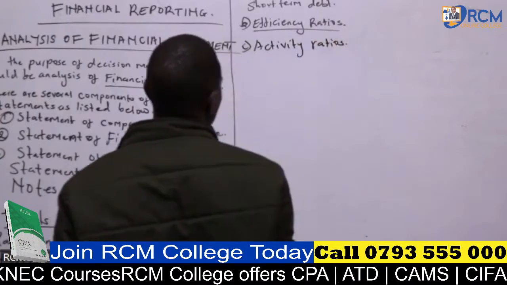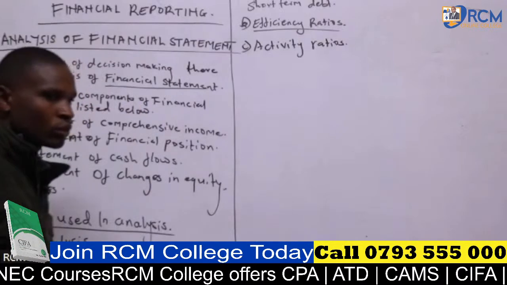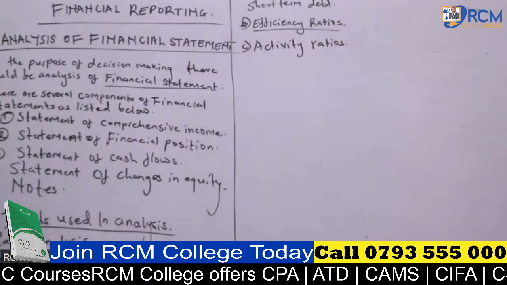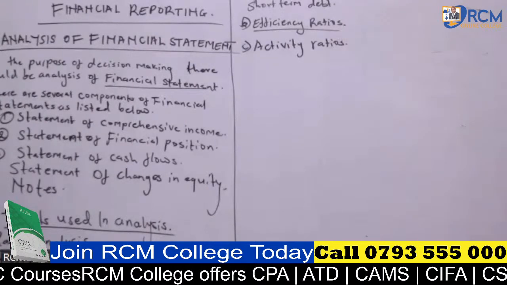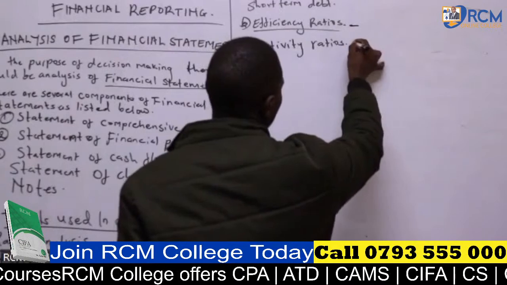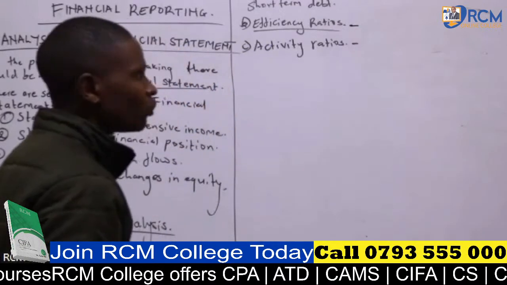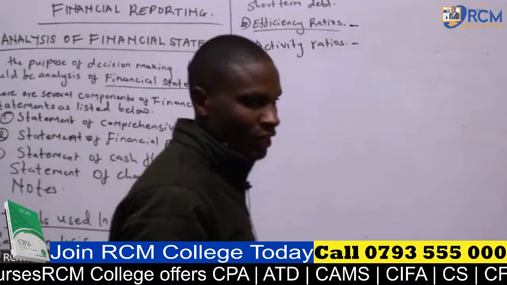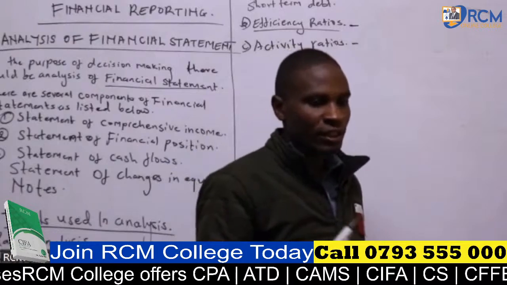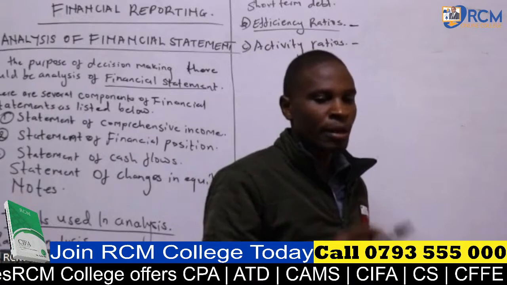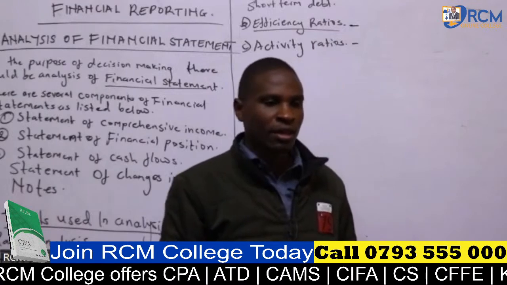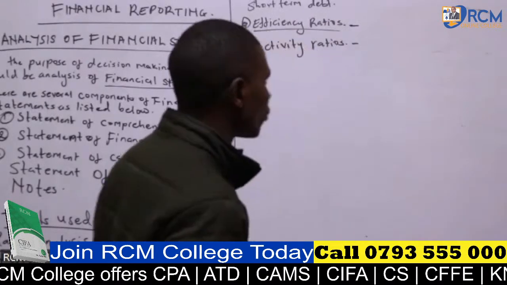Who can tell us what efficiency ratios are used to show us? Like the way we have said that liquidity ratios show whether the company is able to pay its short-term loans, what about the efficiency ratio? Because I need you to grow, go and check these two. How do they relate, or what do they show? Someone can just check from Google and tell us what efficiency ratio tries to measure for a company. You are bright, I know you are able to tell us that. I give you a few minutes to do that as we proceed.